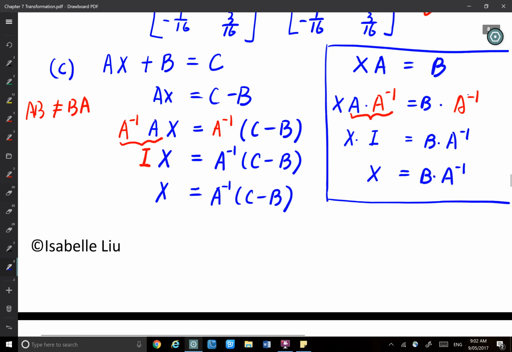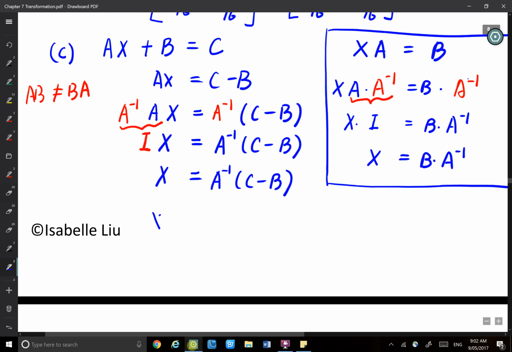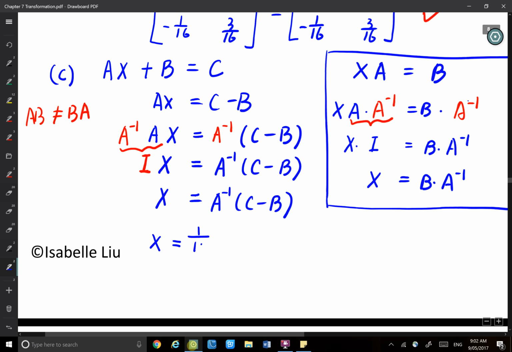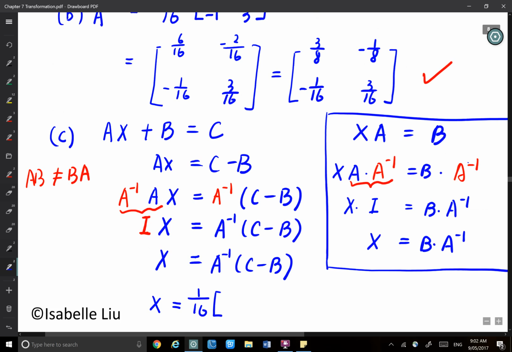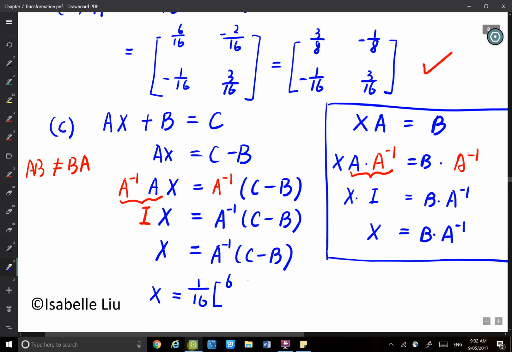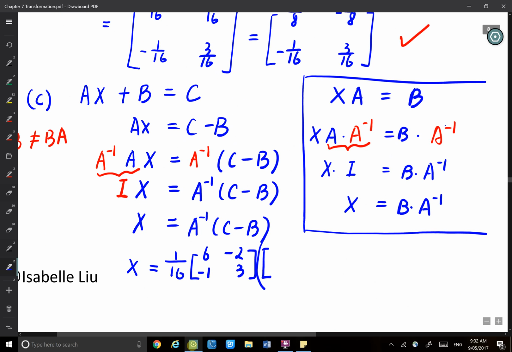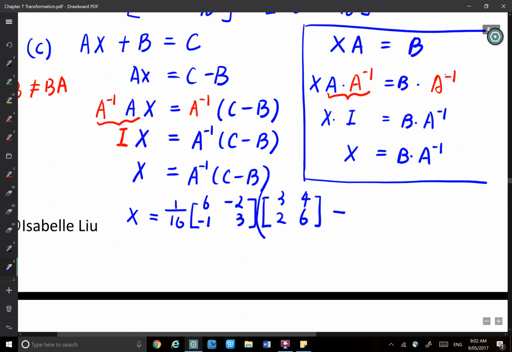So now in this question, I have X equals to A inverse times C minus B. A inverse is 1 over 16 times [6, -2; -1, 3], times C minus B. C is [3, 4; 2, 6] minus B. B is [4, -1; 2, 2].